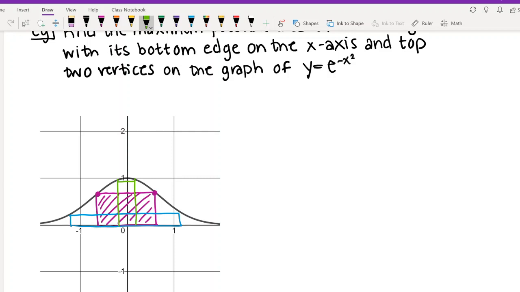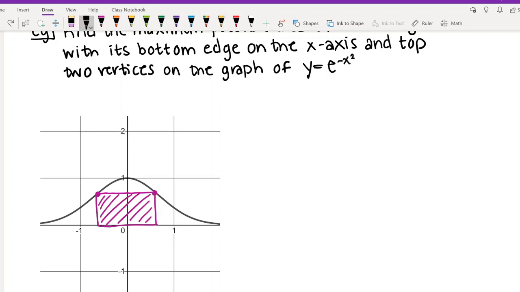I think we're looking for some kind of a middle ground. Because if you make your rectangle like the blue one, it's going to become very thin and not have very much area. And similarly, if you have one that's really tall, it's going to become very thin and not have much area. So it's going to be something in the middle, like the purple one that we drew.